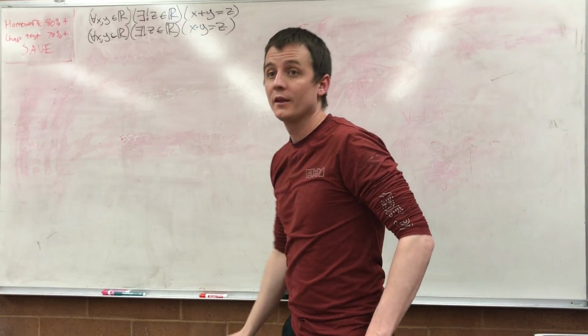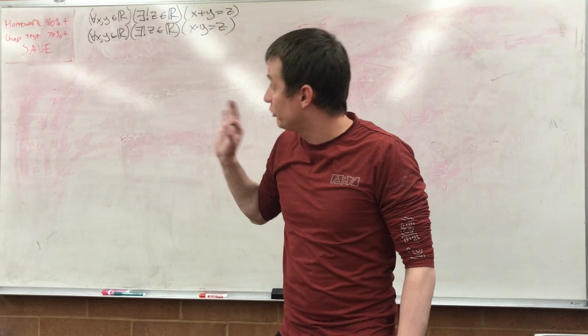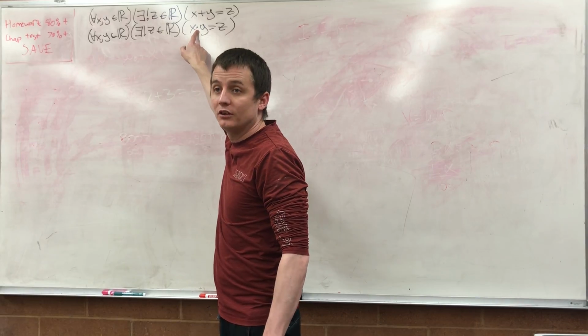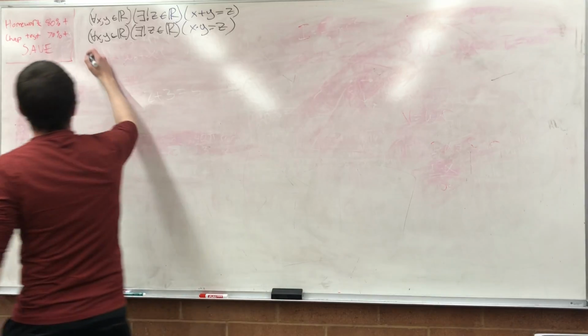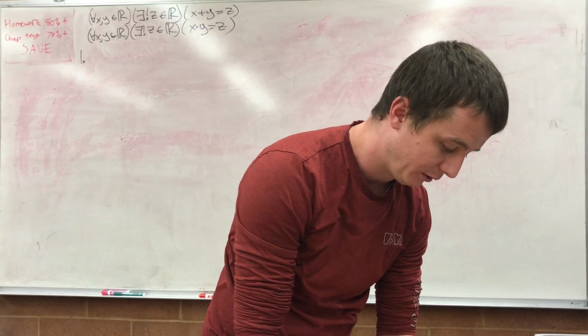Wasn't this assumed? Yes. So we assume that we have an operation plus and an operation times on the real numbers such that these two things are true, and then we list our axioms.